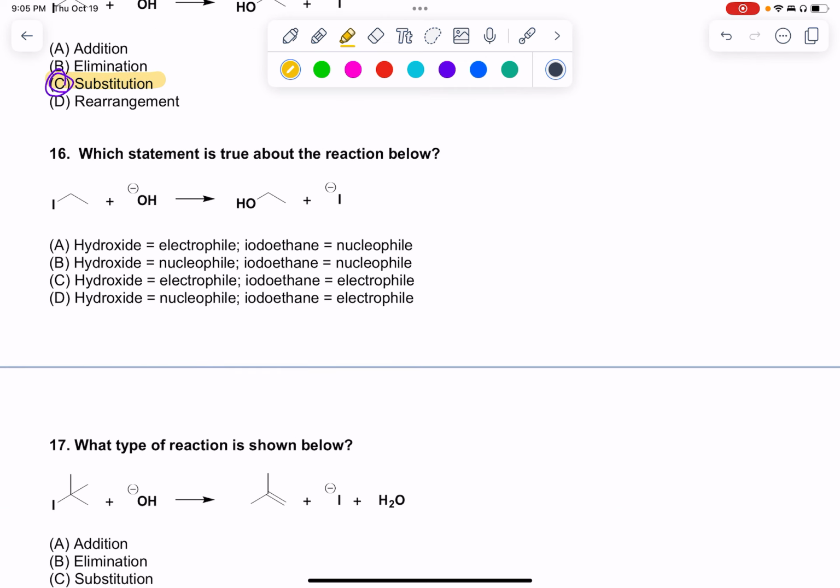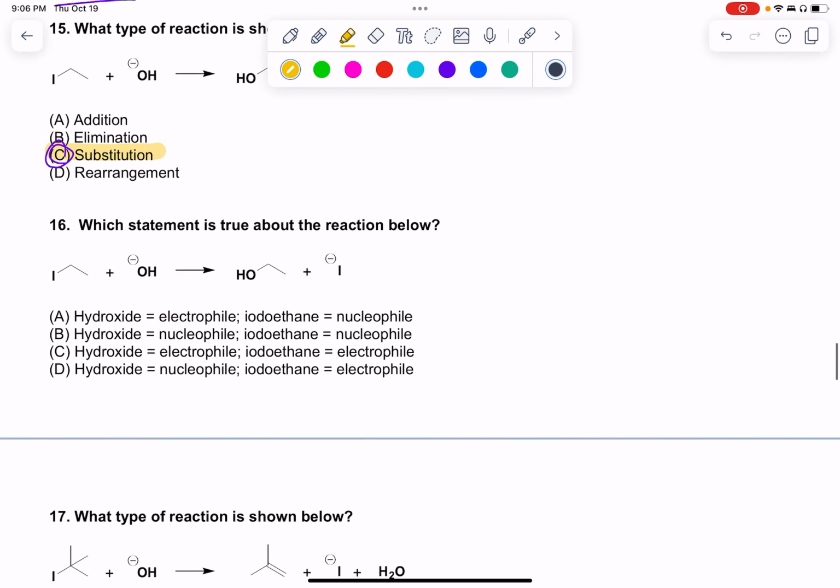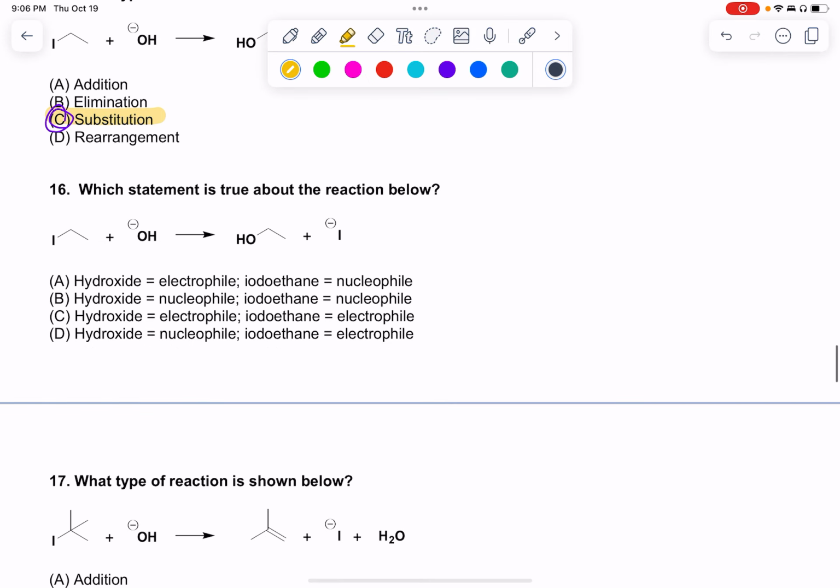Which statement is true about the reaction below? Is that the same reaction? It sure is. Okay, what is true? Well, let's look at it. Remember, this is where I like to start writing down electrophile and nucleophile. My electrophile is going to be partial positive and my nucleophile is going to be partial negative.